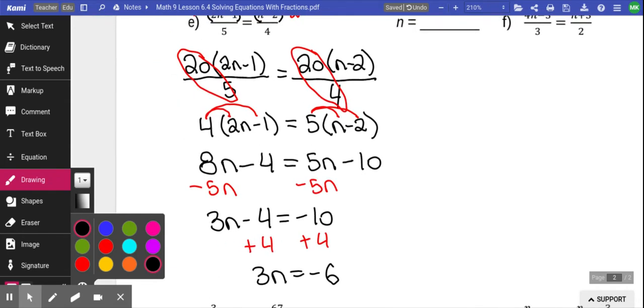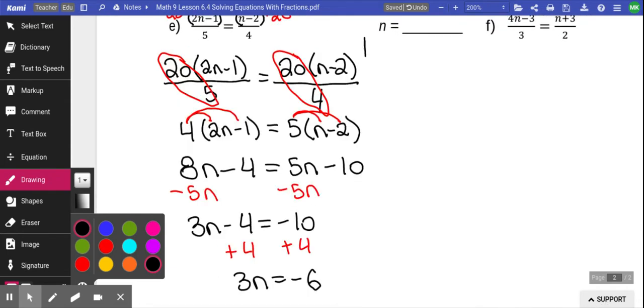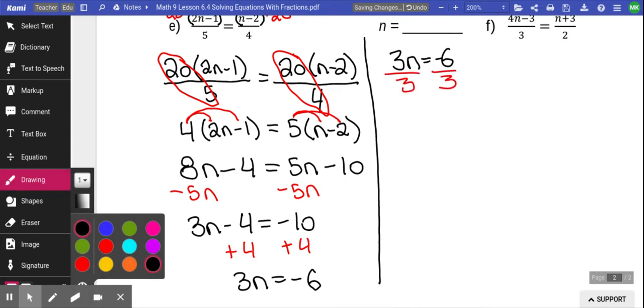When I run out of space on a question, like I have right now, I just write a straight line down, and then I start a new column. So I was at 3n equals negative 6, like that, and then I start working again. So divide both sides by 3, gives me a final answer of n equals negative 2. Beautiful. Got rid of the denominators by multiplying by something that both denominators can get into.